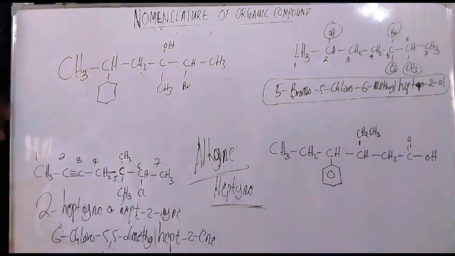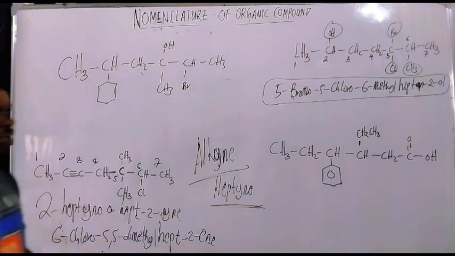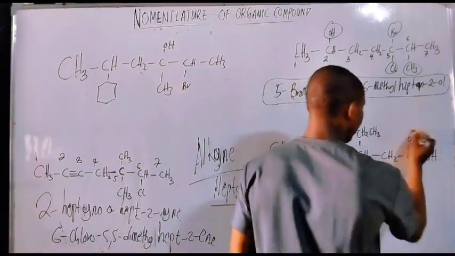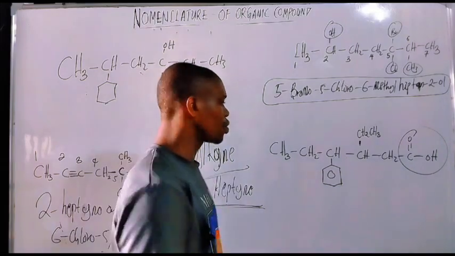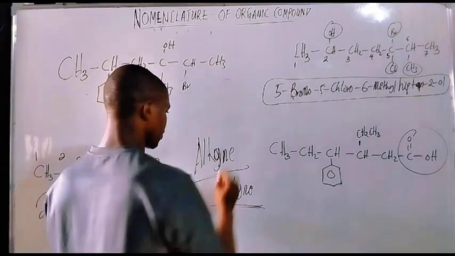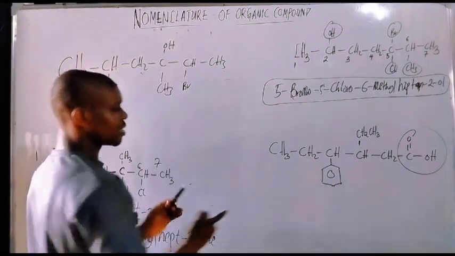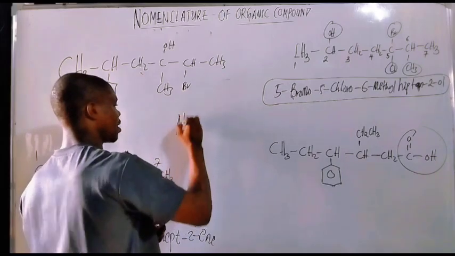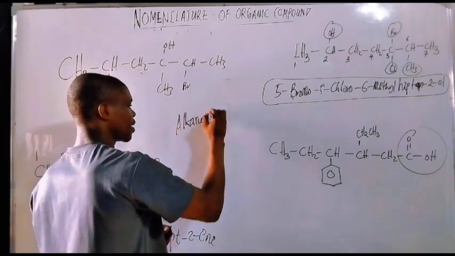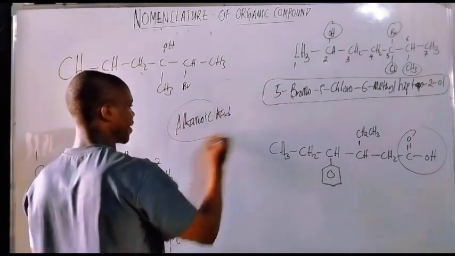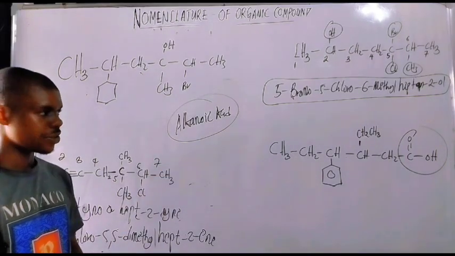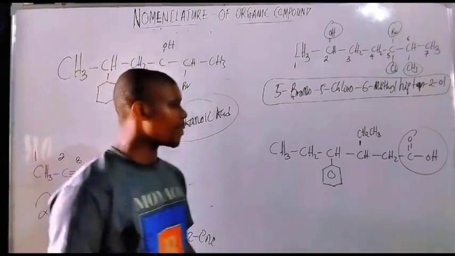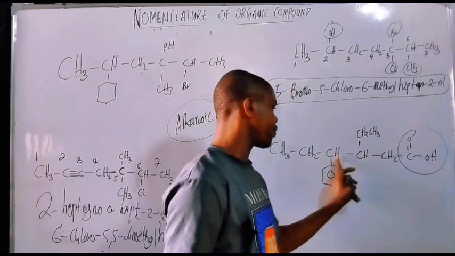Then let's look at the last one. Carboxylic acid is also known as alkanoic acid. So how many carbon atoms do you have here? 1, 2, 3, 4, 5, 6.